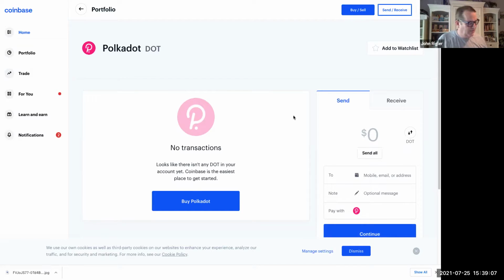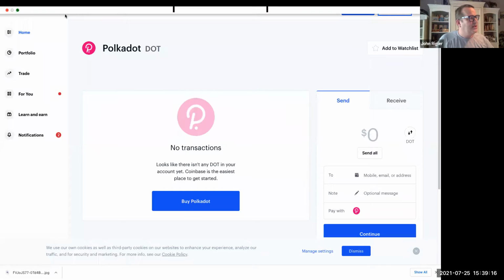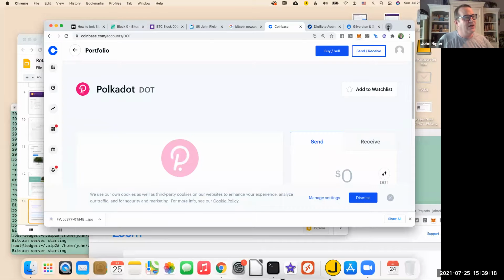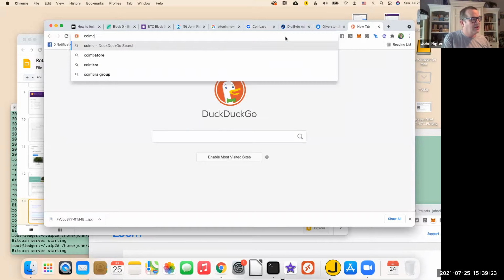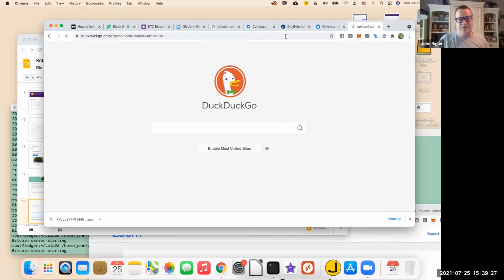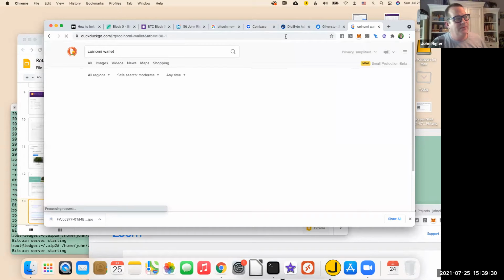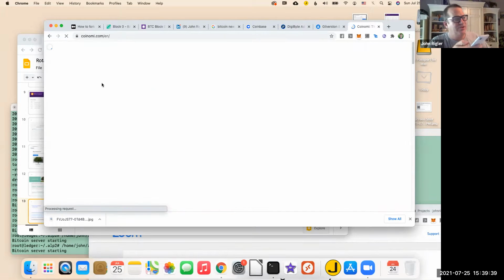Now, the next piece of this would be if you had a wallet, and for example, one of the wallets that I use is called Coinomi, and so you could upload Coinomi to your phone.